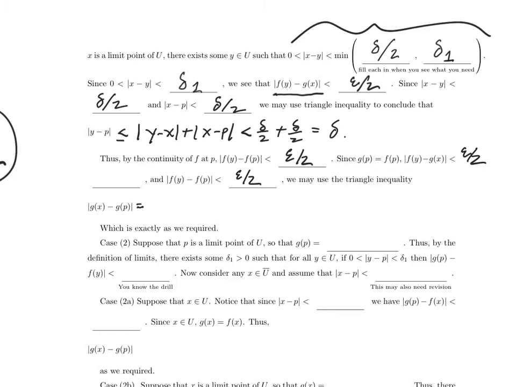So that is equal to the absolute value of g of x. And I know right now that f of y is the thing that's simultaneously close to everything.